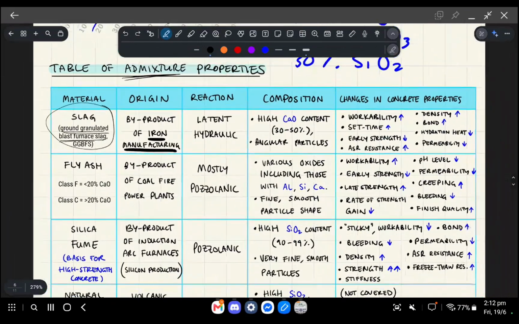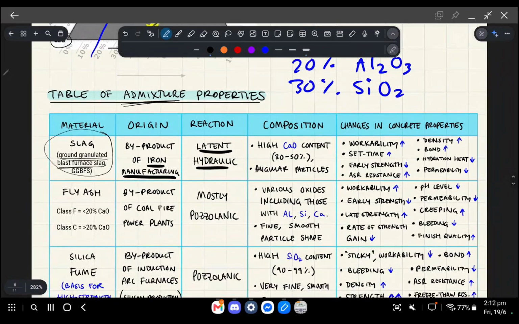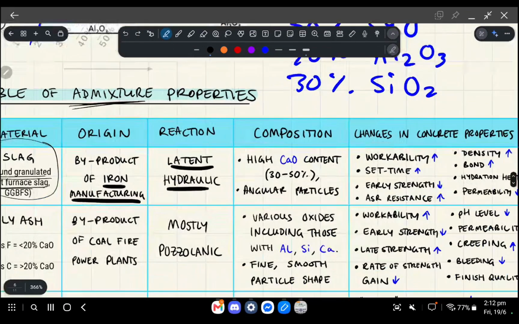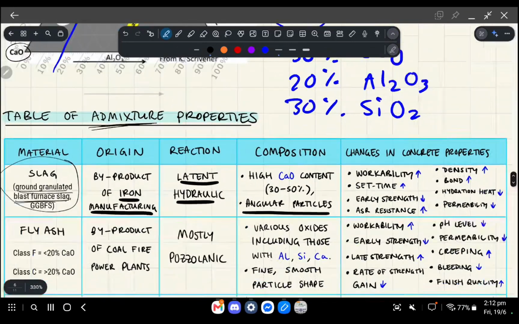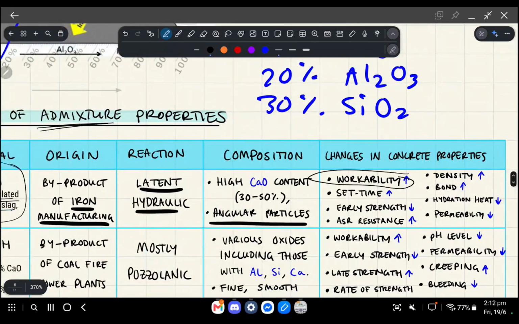This slag, as I mentioned, is latent hydraulic in terms of its reaction. It's got a high calcium oxide content and angular particles. So what are the pros and cons? When you add this in, it increases workability, which is neutral depending on your purpose.